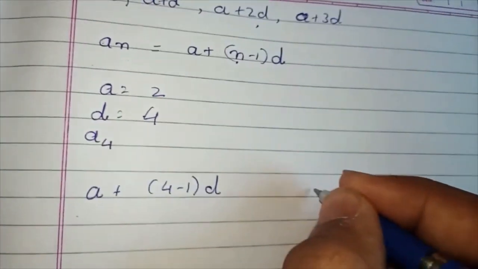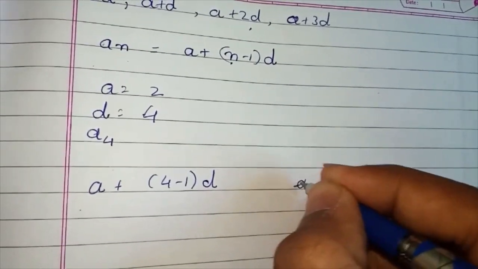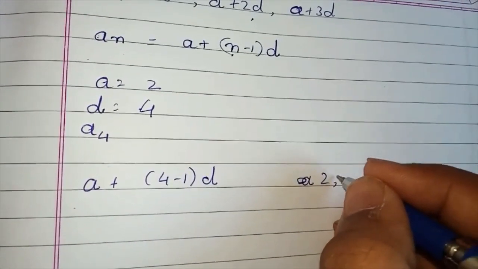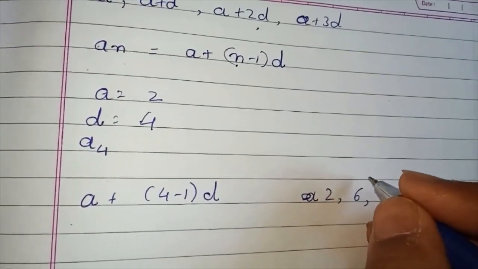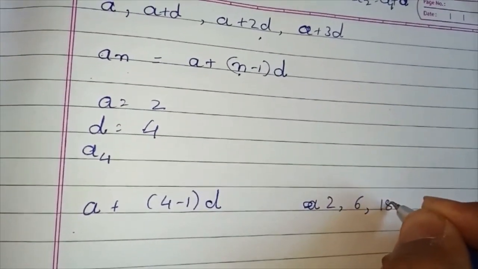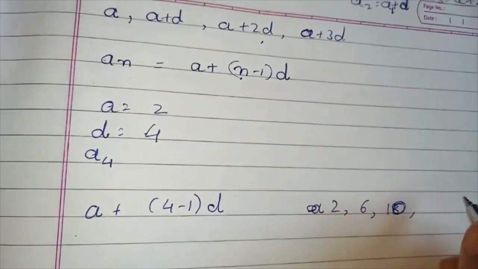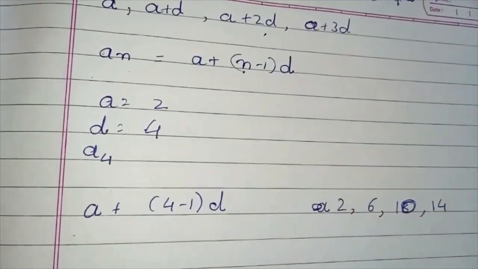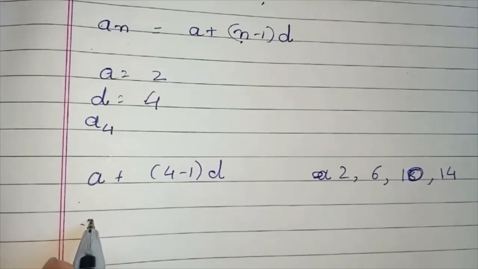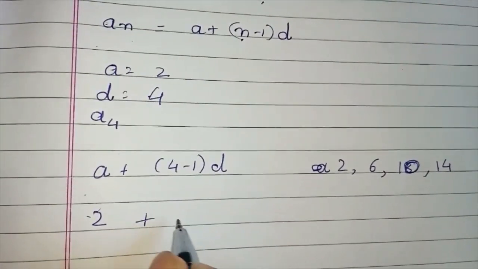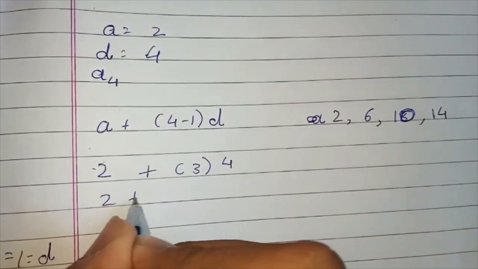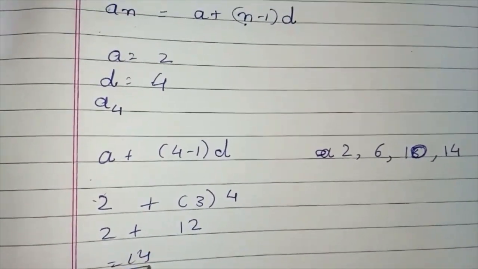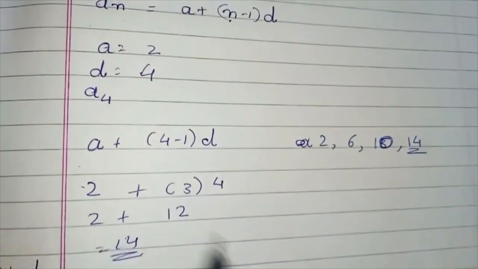Because the first term would be a or 2, the second term would be 2 plus 4, that is 6, the third term would be 2 plus 2d, that is 10, and the fourth term would be 14. Let's verify if it is right or not: 2 plus 3 times 4, that is 2 plus 12, which is equal to 14. See, the terms are the same.